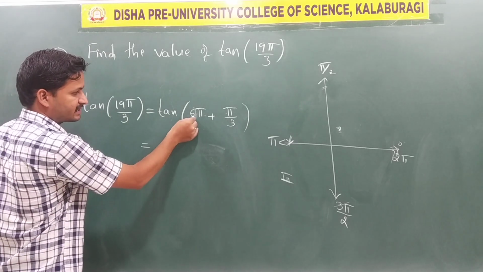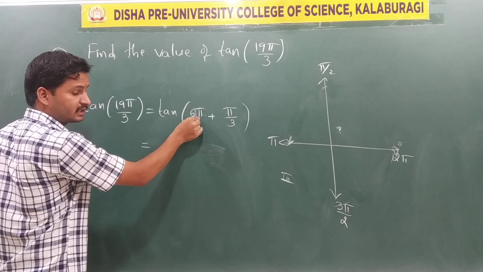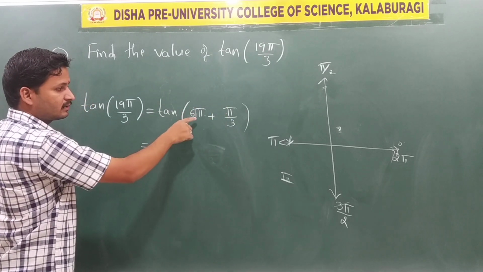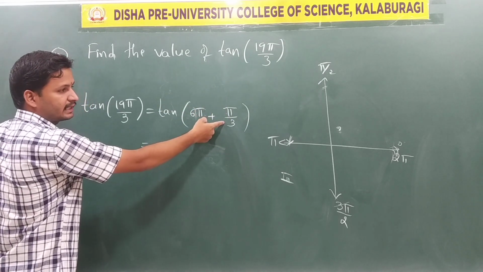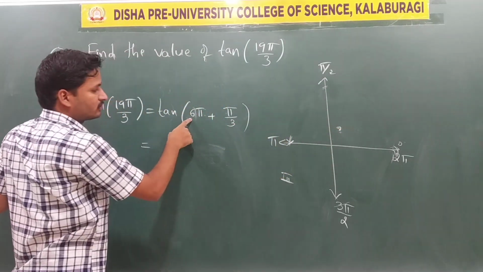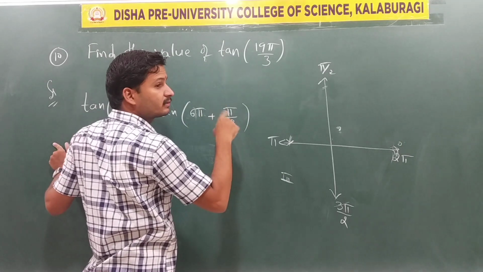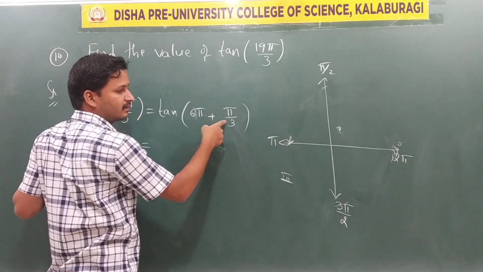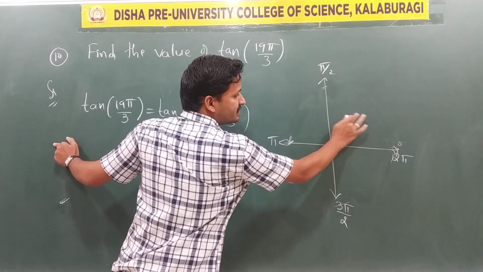to, see, 6 pi is nothing but 3 complete rotations, plus theta, which means the angle is in the first quadrant. After the complete rotations, there is again an angle that lies in the first quadrant.